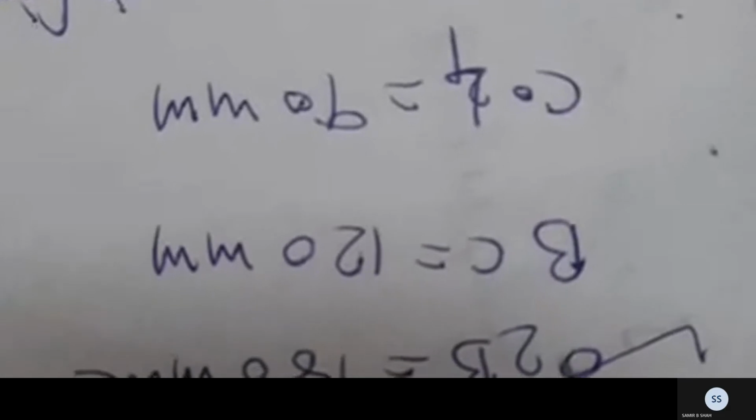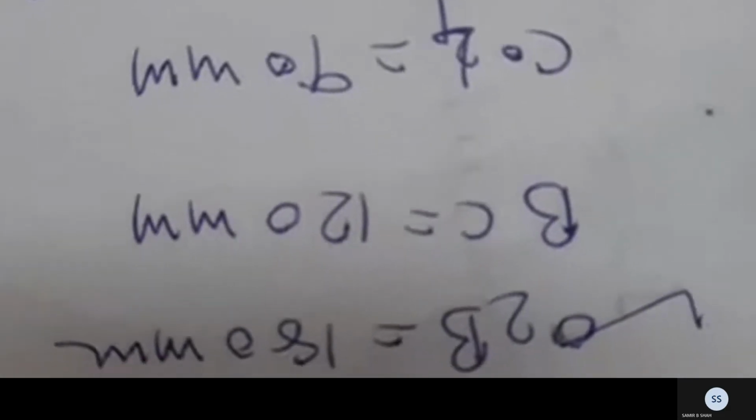Now talking about case 3, where BC is fixed. Now you can just draw the figure first. We know the dimensions: BC is equal to 120 mm, CO4 90 mm, O2B 180, and O2O4 is 180 mm.